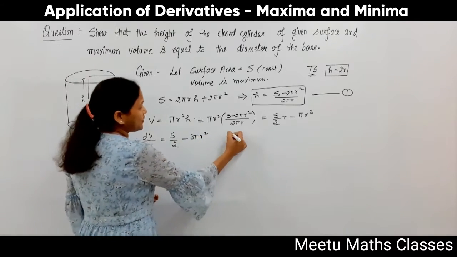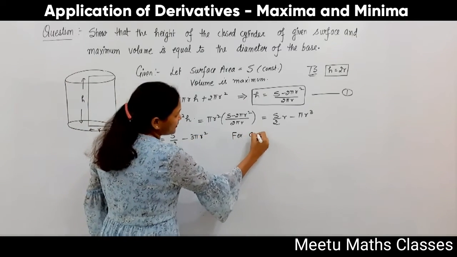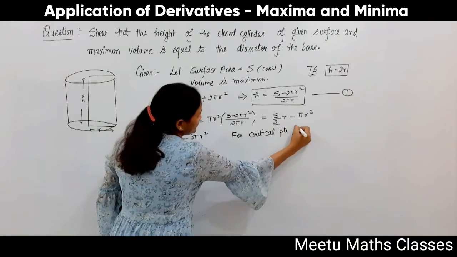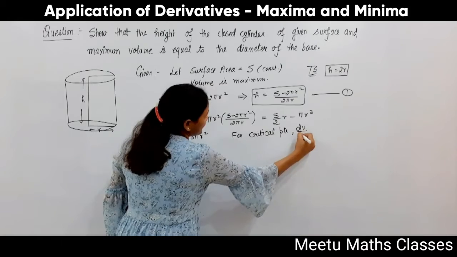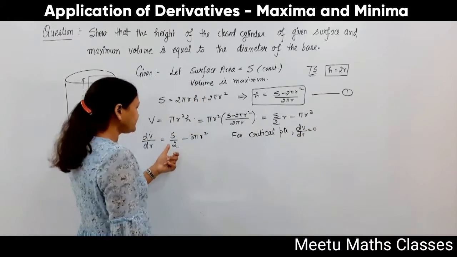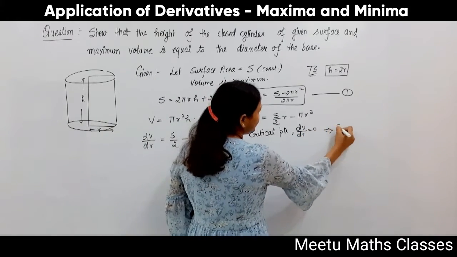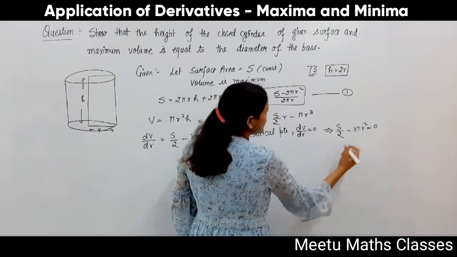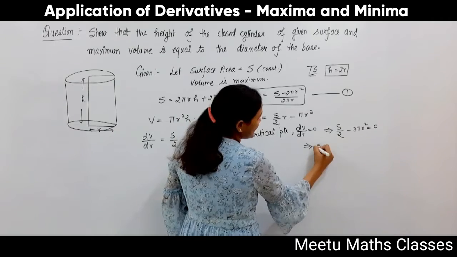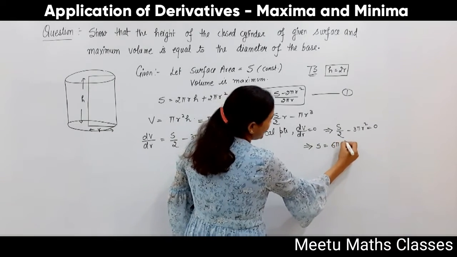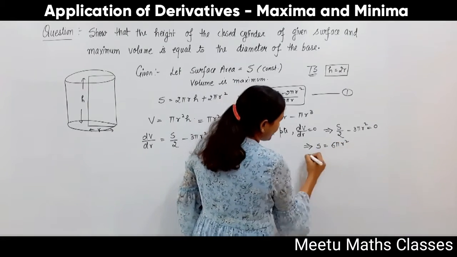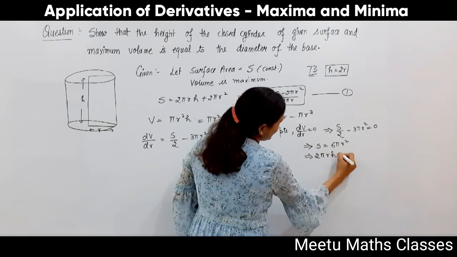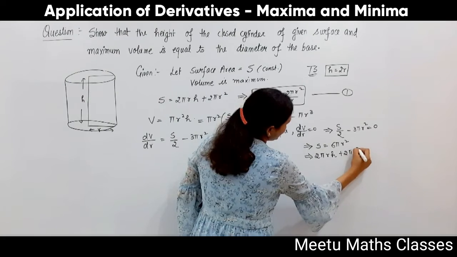And for critical points, we are going to put the derivative function equal to 0. So S by 2 minus 3 pi r square is equal to 0 will imply S is equal to 6 pi r square, and S you can replace by 2 pi r h plus 2 pi r square.